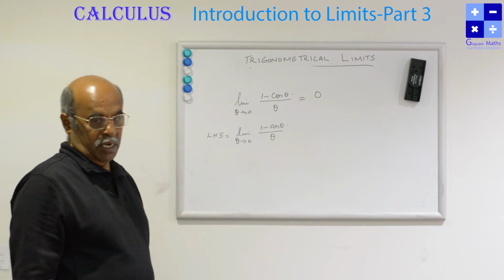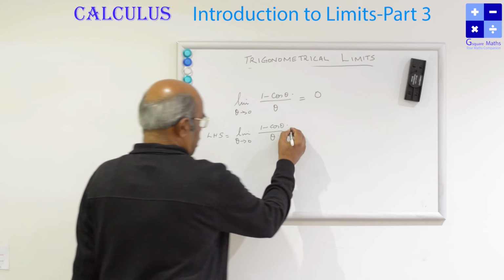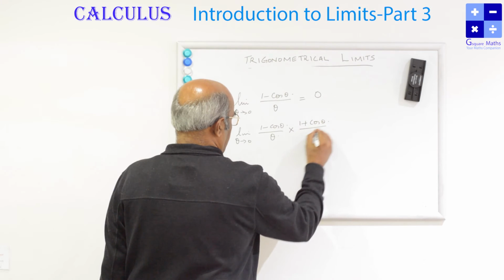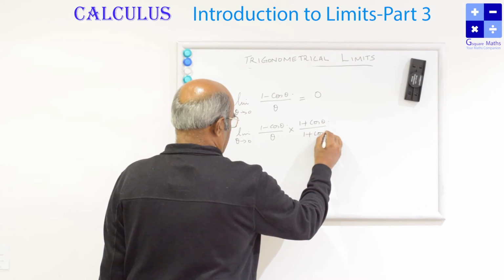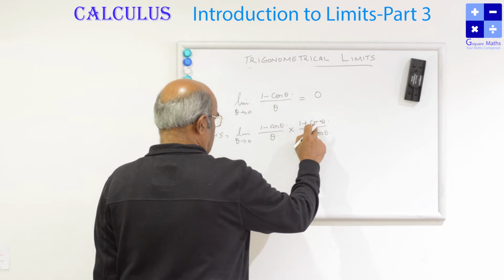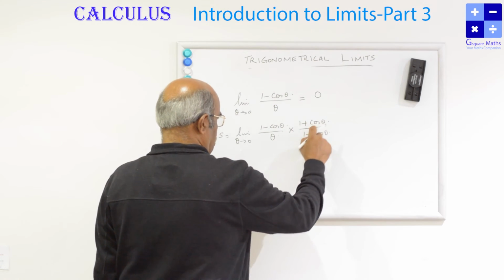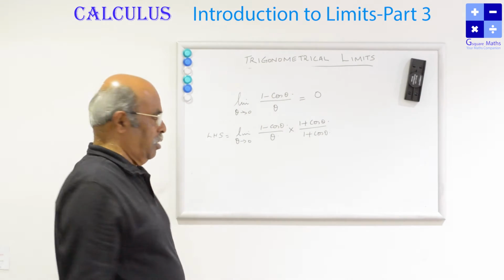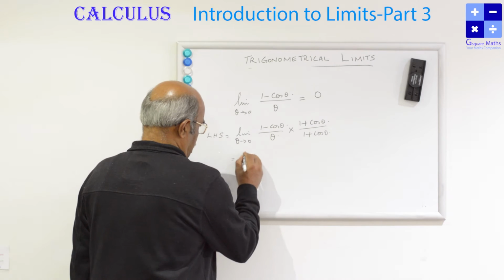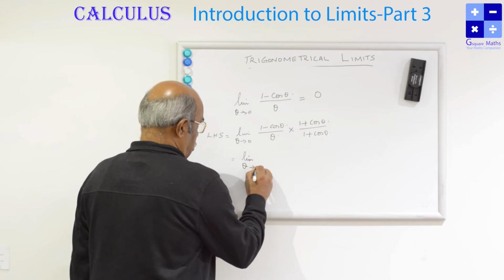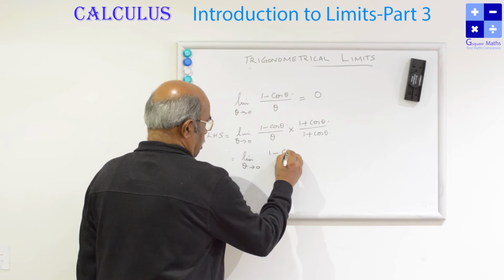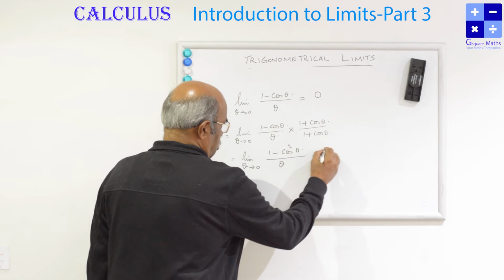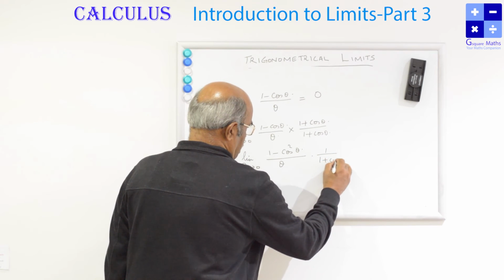How to evaluate this? Rationalize this. Multiply by (1 plus cos theta) by (1 plus cos theta). I can multiply, because as theta tends to 0 it will tend to positive 1 and hence it is 2 only. Here I am multiplying and dividing by the same non-zero number. So that is equal to limit theta tends to 0 of (1 minus cos square theta) by theta into 1 by (1 plus cos theta).